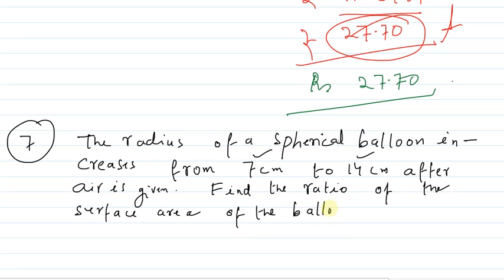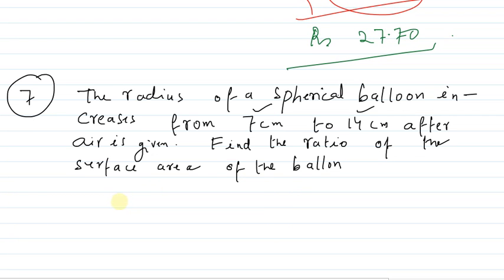This question has two sub parts. I hope you can do the question. Here I am just showing the concept. I am writing the surface area of the first balloon. What is the surface area of the first balloon?